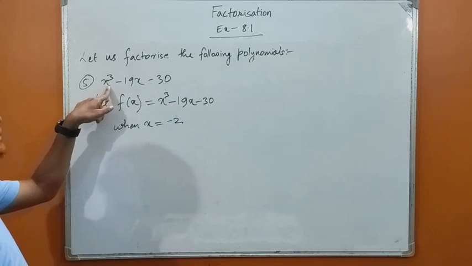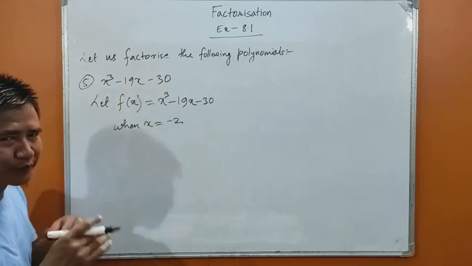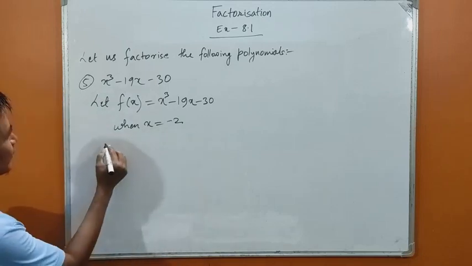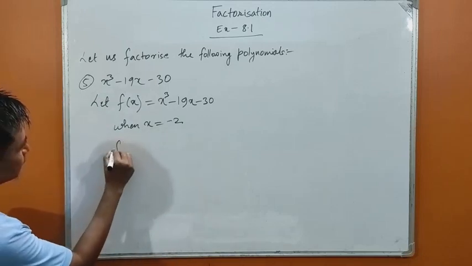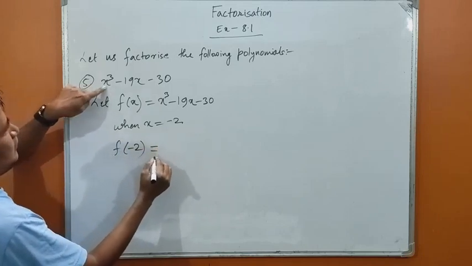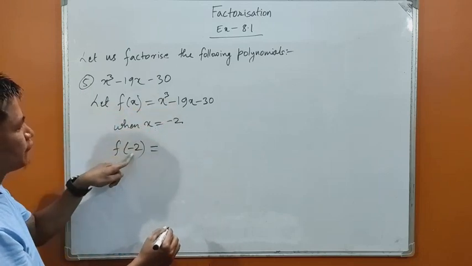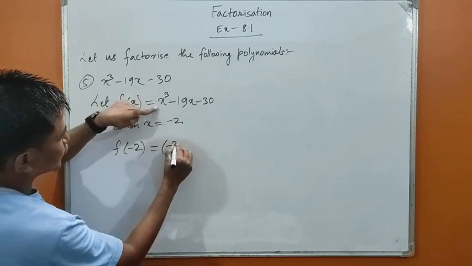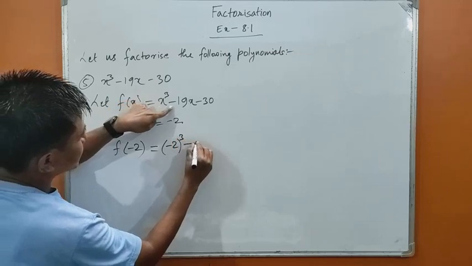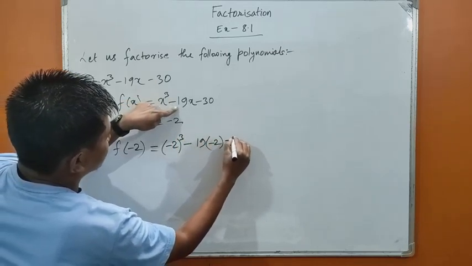You should be very quick in calculation, okay? f(minus 2) equals, instead of x, I write minus 2, isn't it? Since f(x) is this, f(minus 2) will be minus 2 cube minus 19 into minus 2 minus 30.